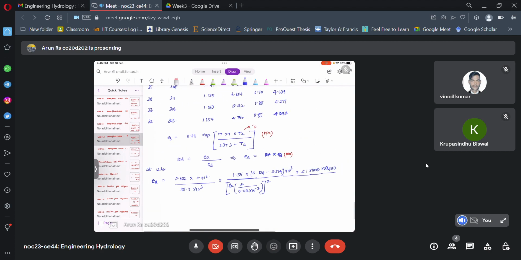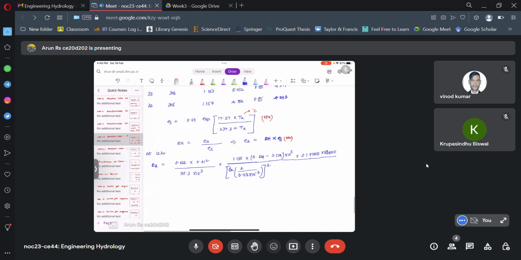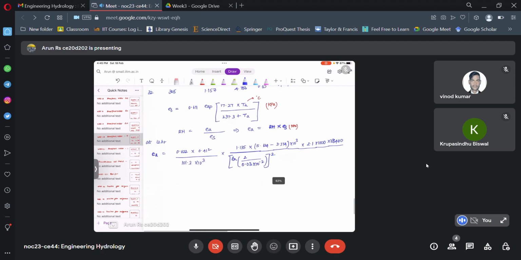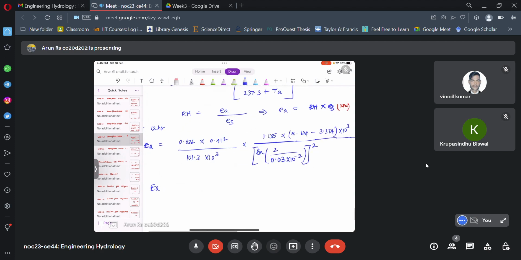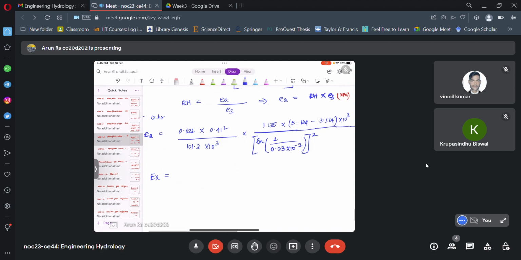So I have just written the expression in a way that is convenient for calculation. So this EA will work out to 5.931 mm per day.